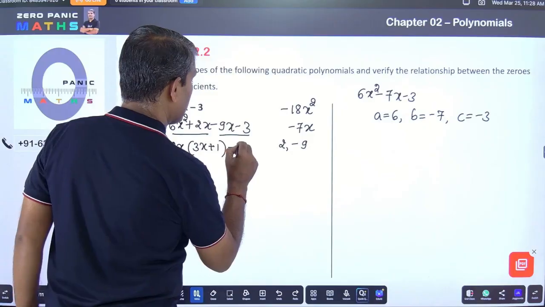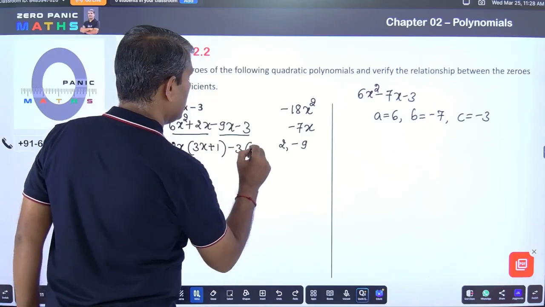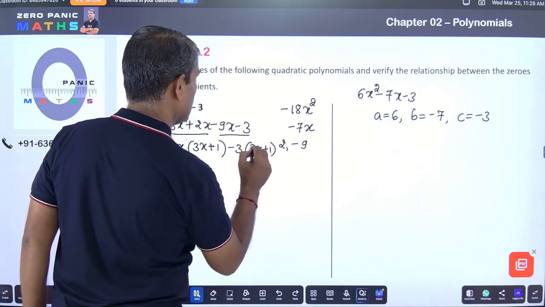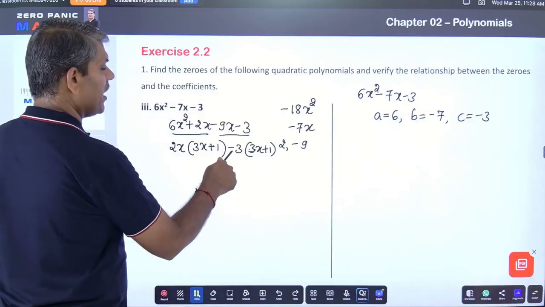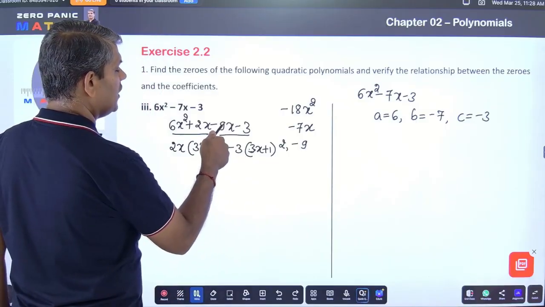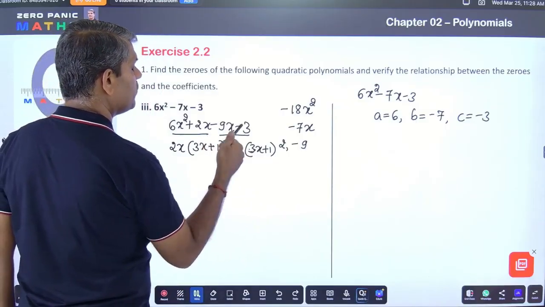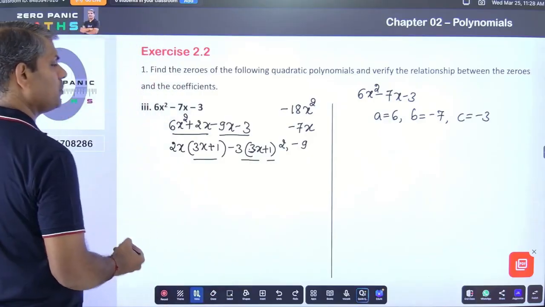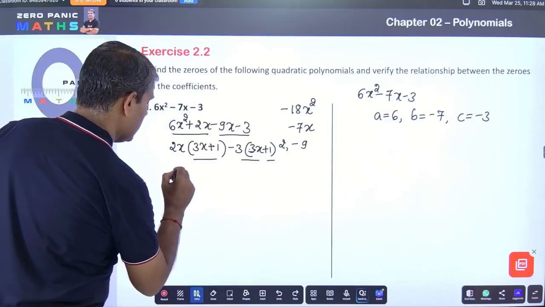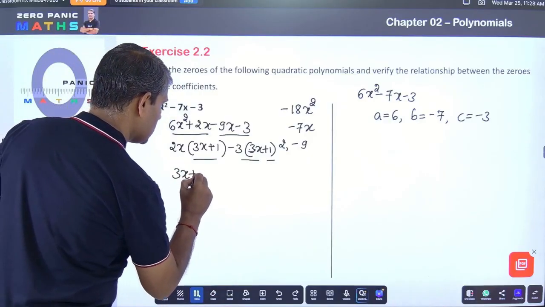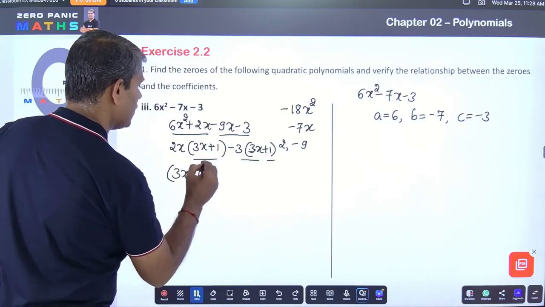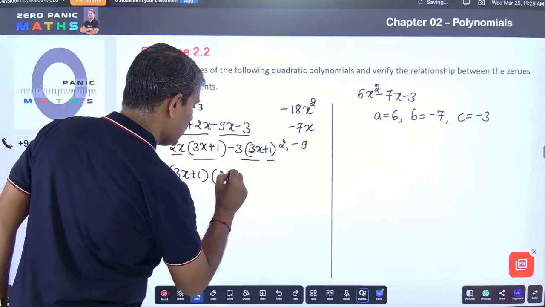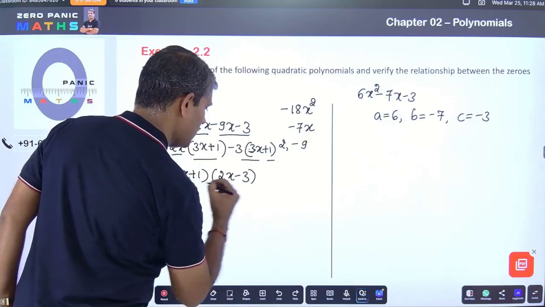So I can take minus 3 as common and it will remain with 3x plus 1 here also. So minus 3 into 3x minus 3 into plus 1, it comes up to this. Okay, 3x plus 1 taking common will give us 3x plus 1 as common, and what remains inside is the 2x and minus 3.